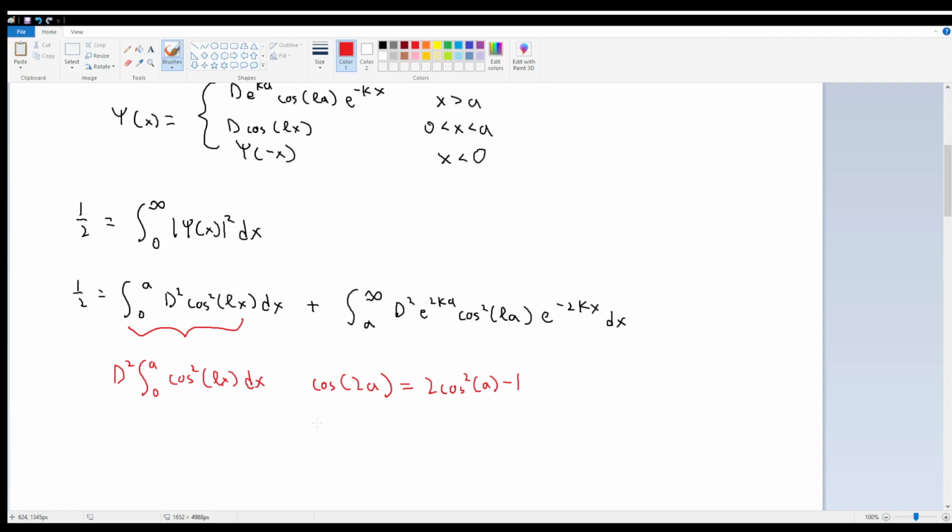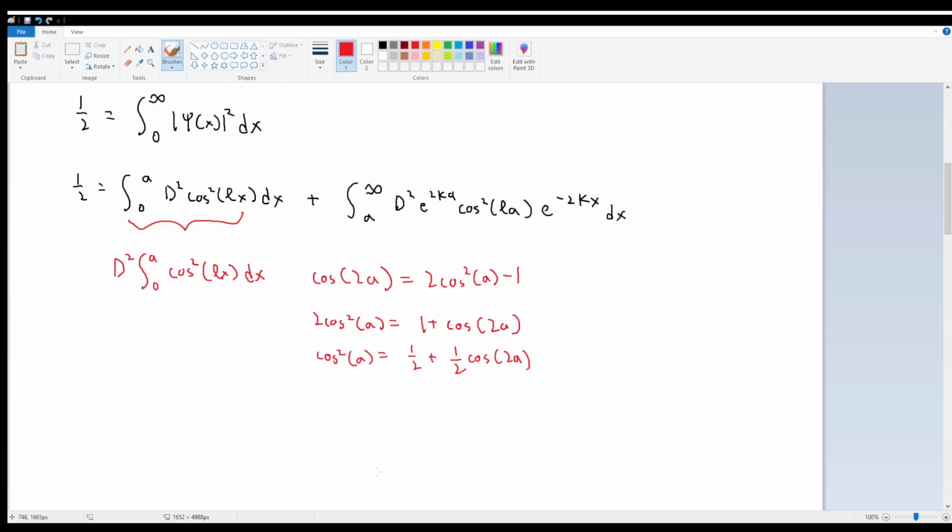So 2 cosine squared a is equal to 1 plus cosine of 2a, or cosine squared of a is equal to 1/2 plus 1/2 cosine of 2a. Replacing a with lx, cosine squared of lx is equal to 1/2 plus 1/2 cosine of 2lx. So this becomes D squared times the integral from 0 to a of 1/2 plus 1/2 cosine 2lx.